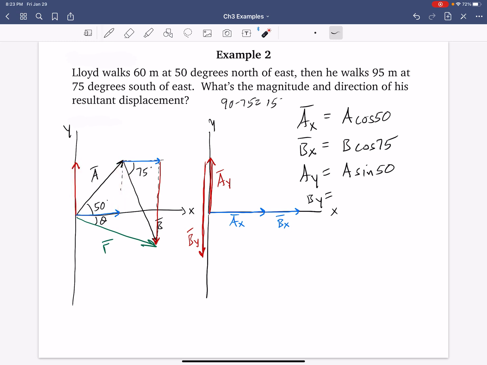So that's why it's the sine, that's why it's the opposite. And then BY, again, same thing. From that angle of 75, the opposite is right there. So that is magnitude of B times sine of 75.